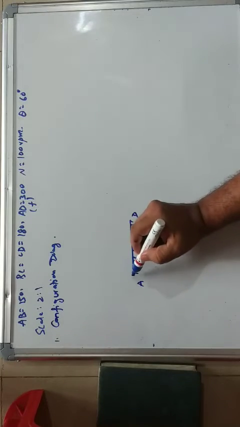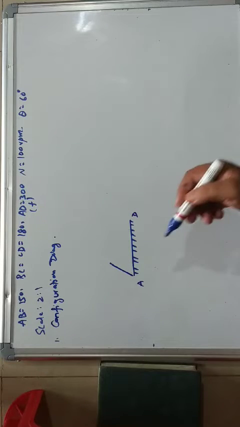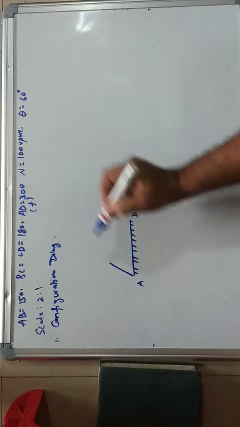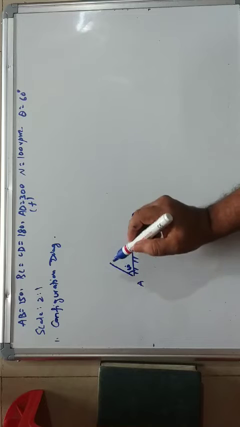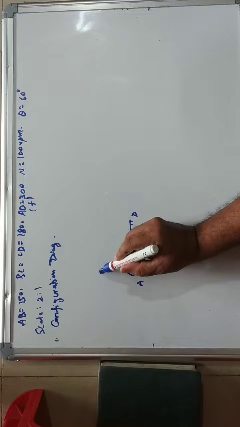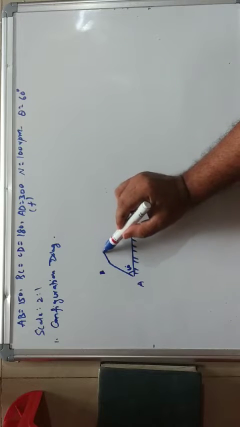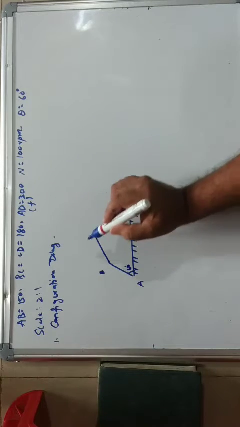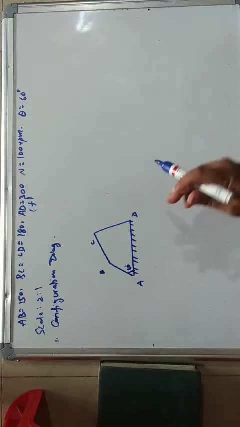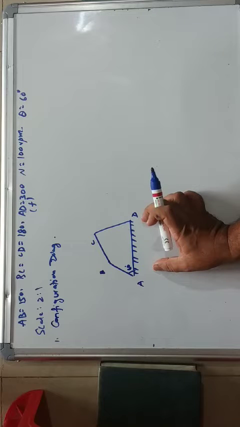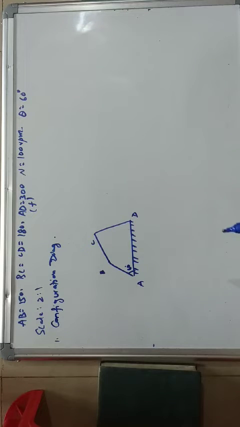Therefore from A you draw a line at 60 degrees. Then the point B will come here. From B, locate the point C, this is our point C, and join CD. Naturally AD is 300 millimeters, AB is 150, BC is 180, CD is also 180.